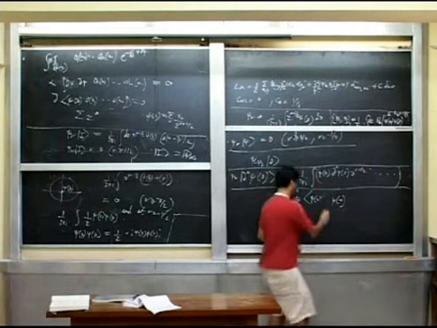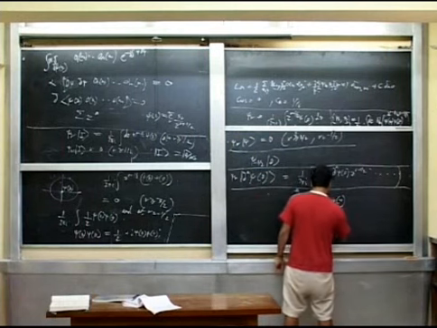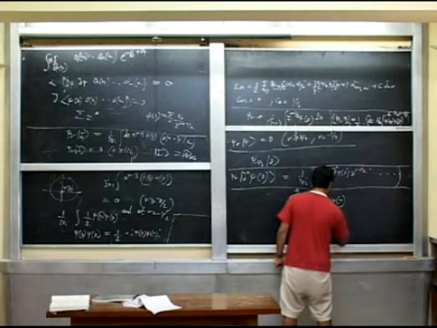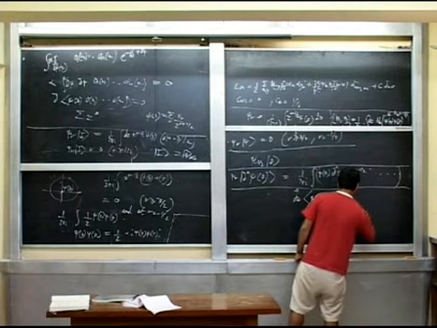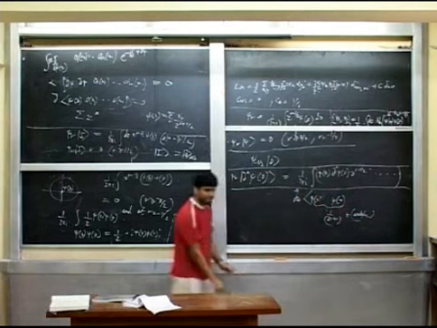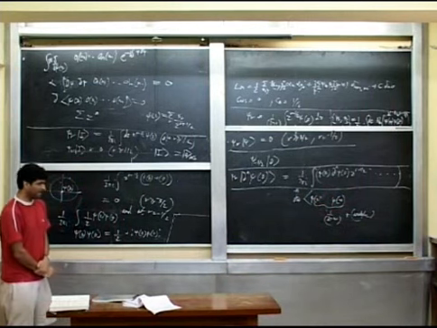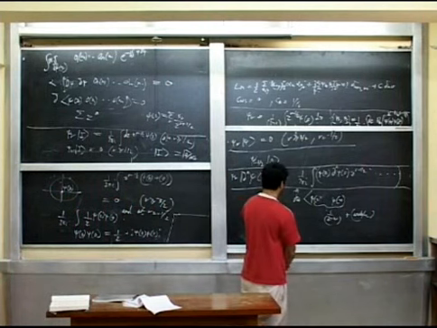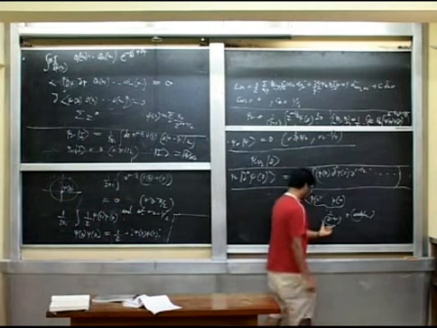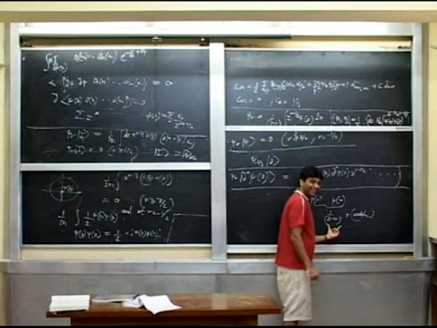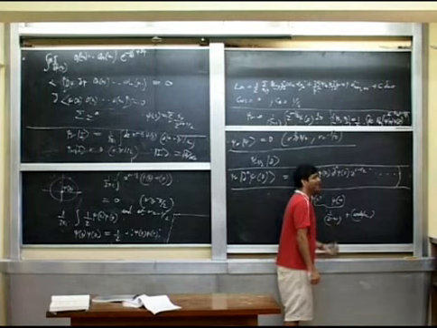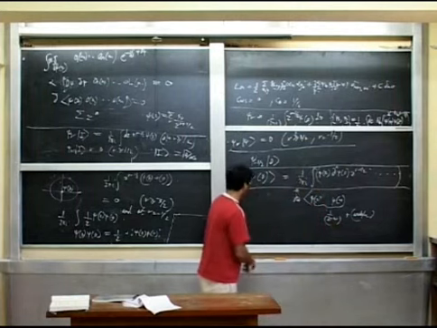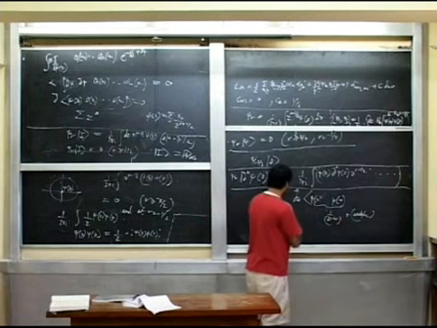This quantity here is equal to 1 over z minus w plus analytic. Anything analytic starts from z minus w, but remember that what we have here is an nth derivative.